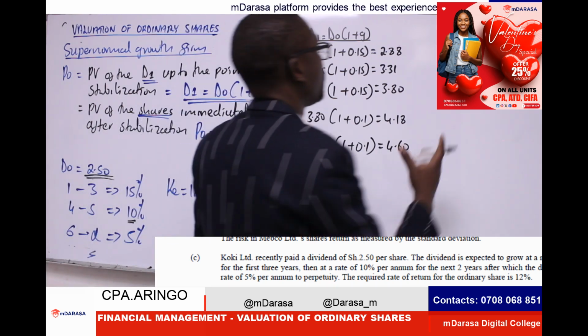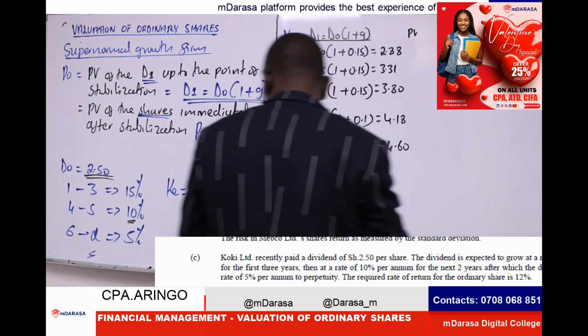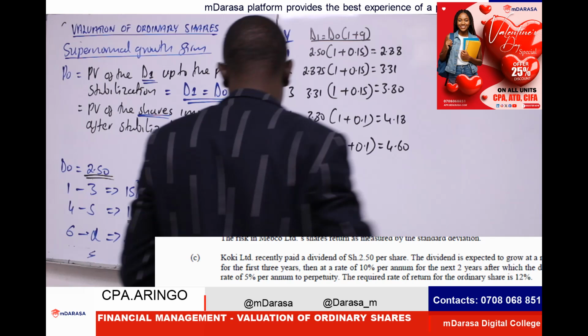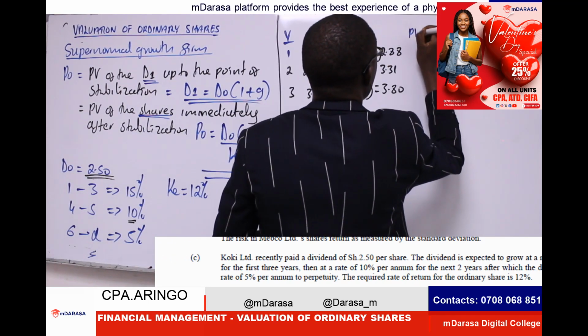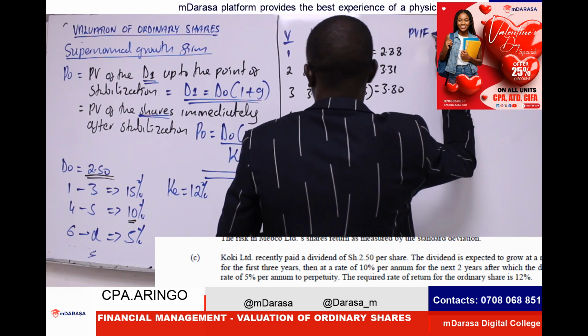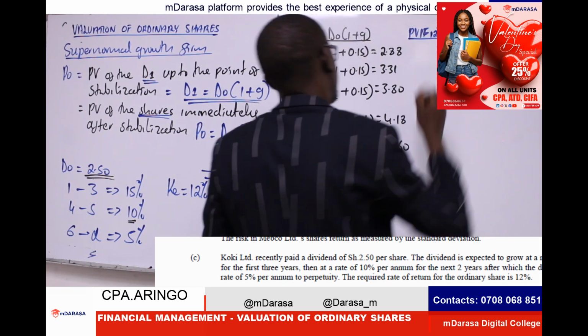So my lump sum factor here should be the present value interest factor given our rate, which is 12%, and a number of years.